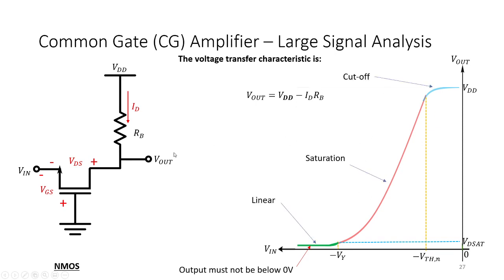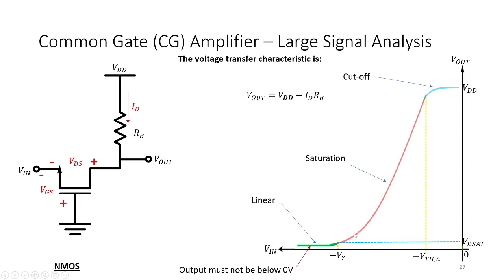When the transistor is in cutoff, Vin is between 0 and negative VTH, because anything less than VTH in magnitude will have a VGS less than VTH, so that is cutoff here. Then if we increase the magnitude of Vin to be more negative, ID will be increasing, so this goes down here.